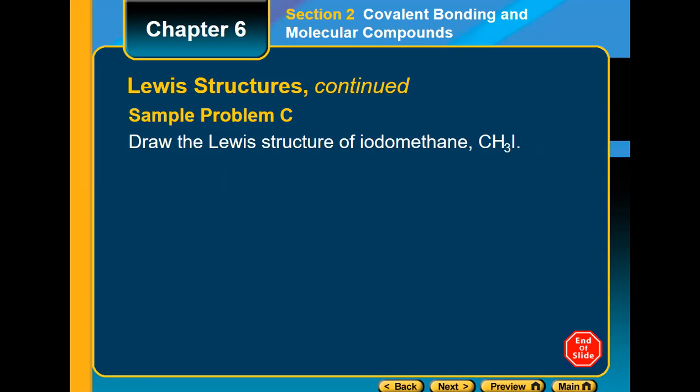You're asked to draw the Lewis structure of iodomethane, CH3I. Here we have one carbon atom, 3 hydrogens, and 1 iodine. First of all, we need to know how many electrons are found in the outermost energy level of each one, or the valence electrons of each one.